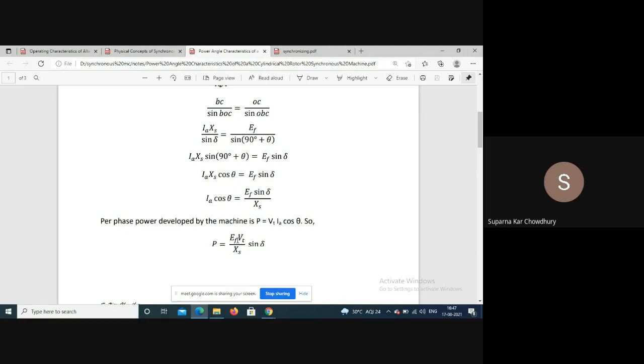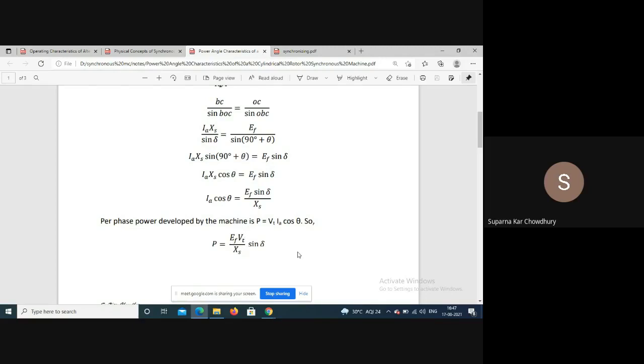Now Vt is the terminal voltage. We have specified that if it is connected to the bus bar, Vt is constant, and Ef is the excitation, so unless we change the field current, Ef cannot change. So we can presume that for a machine with constant excitation connected to the bus bar, this quantity Ef Vt by Xs is constant.